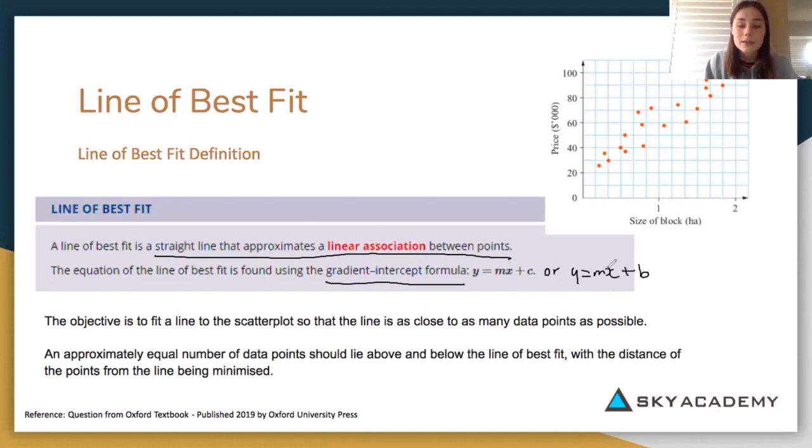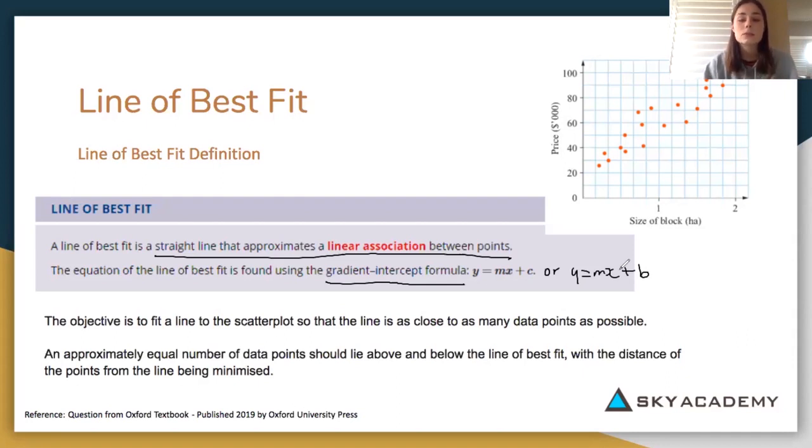The value m is just the gradient, and b and c both equal the y-intercept, just interchangeable values for that. B and c are both the same though. And the objective is to fit a line to the scatter plot so that the line is as close to as many points as possible.